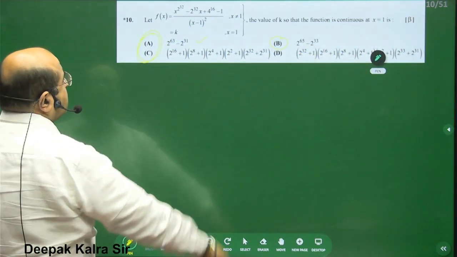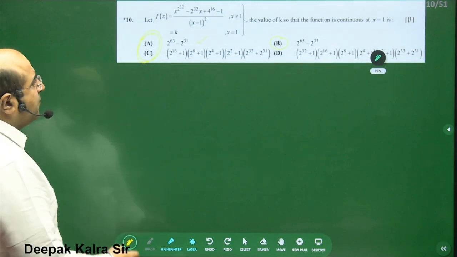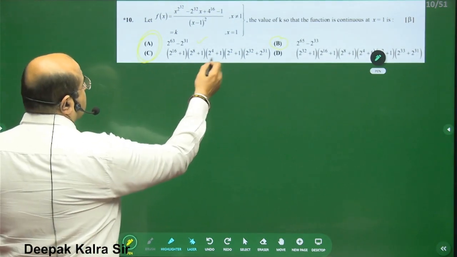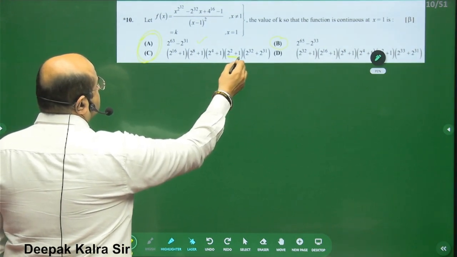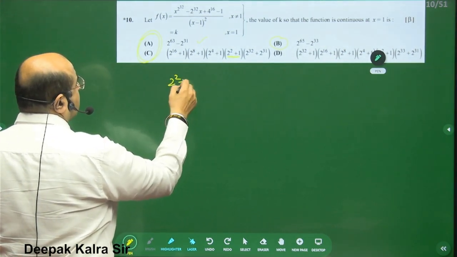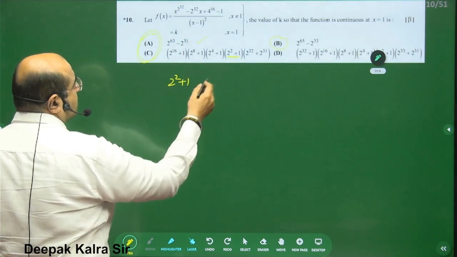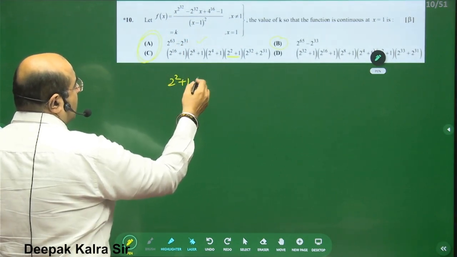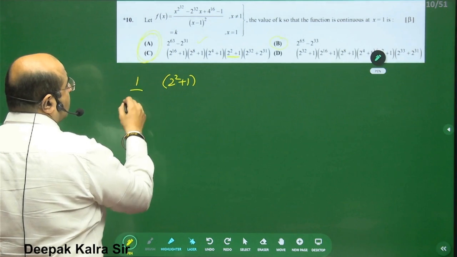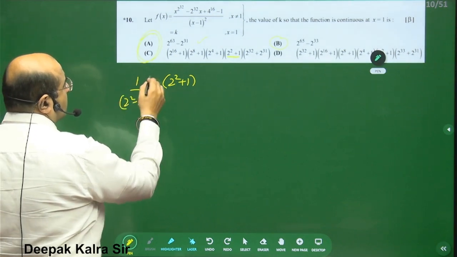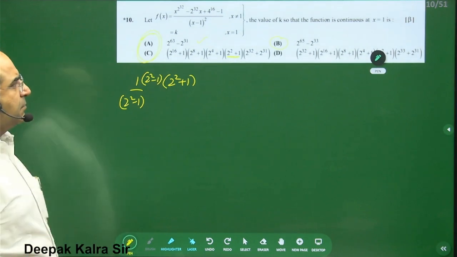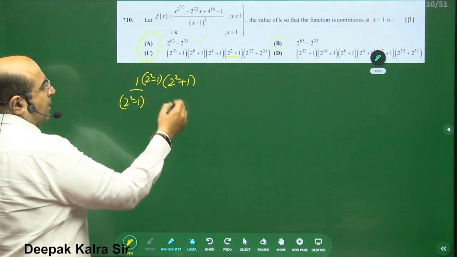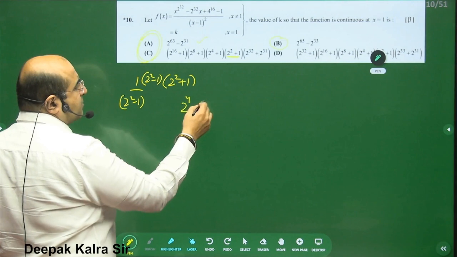C is just like a factorization, you can see very well. If I just multiply by 2 square plus 1, just to make it equal to this, I'll multiply by 2 square minus 1 up and down. Do you understand? It will become 2 power 4 minus 1, right?